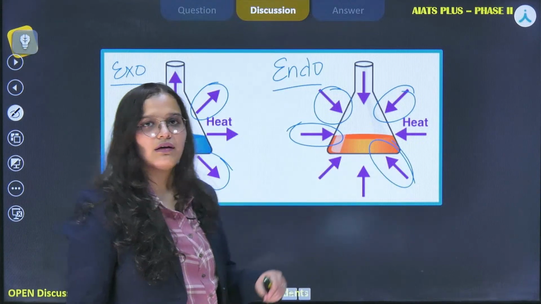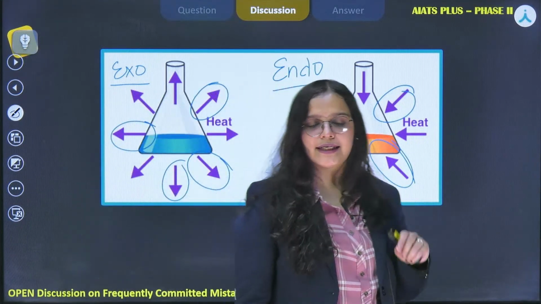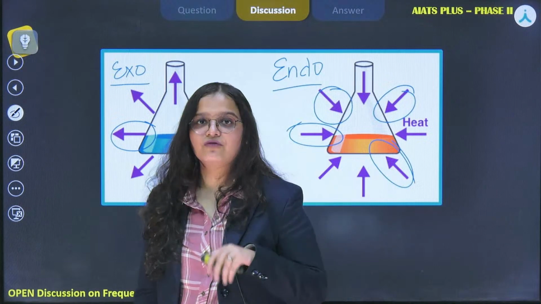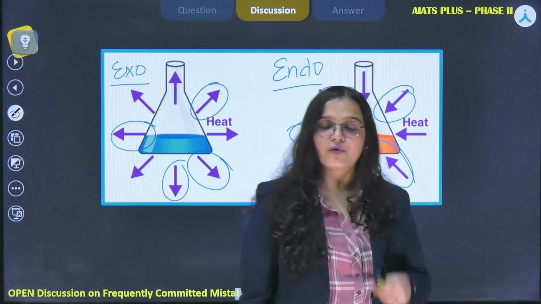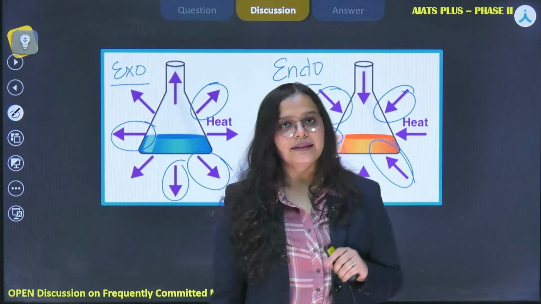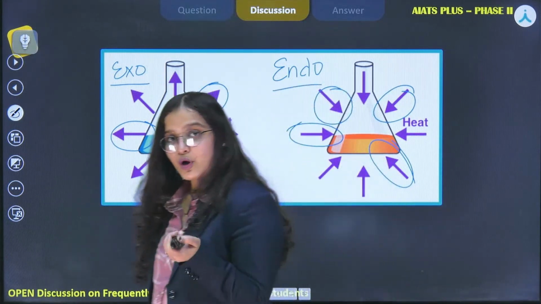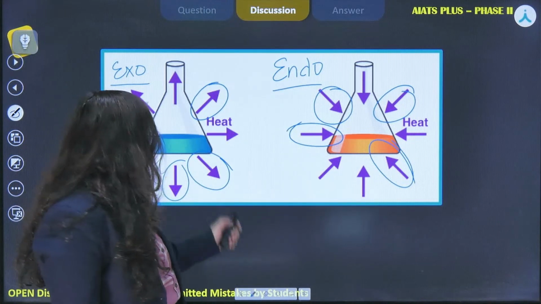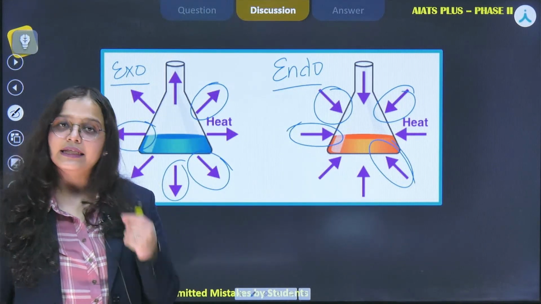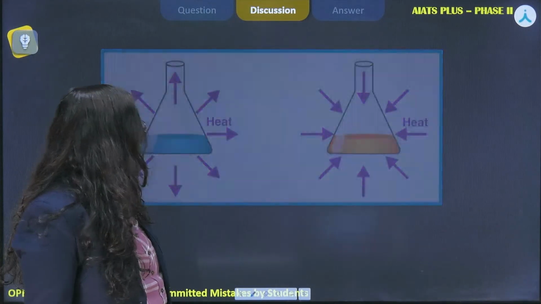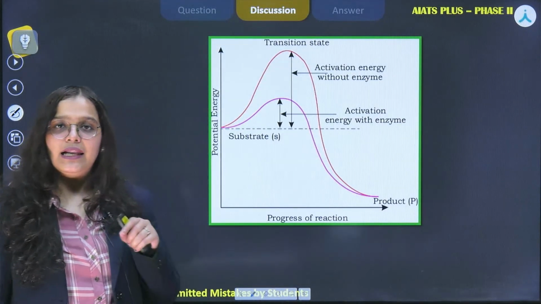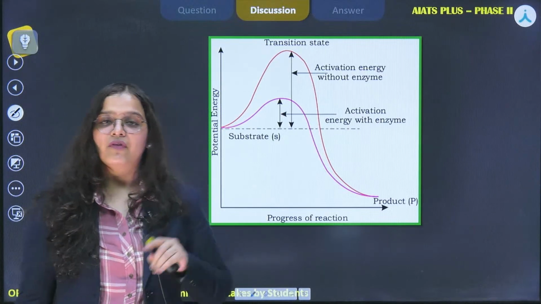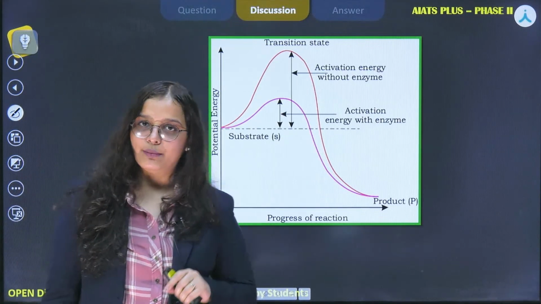So this was the basic idea about endothermic and exothermic reactions. Now if we talk in terms of the potential energy of the substrate and the product, as heat is being released from the system, then obviously the level of potential energy will be less in the product when we are talking about exothermic reactions.